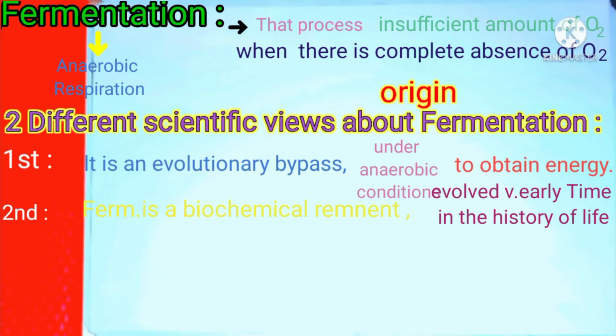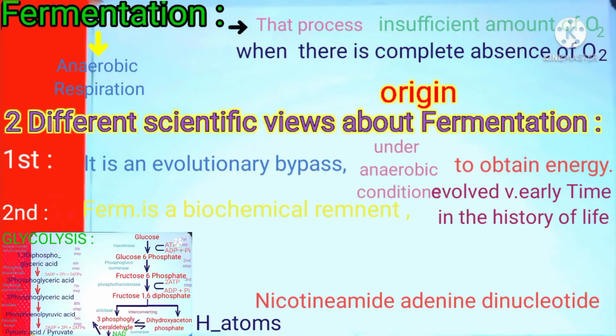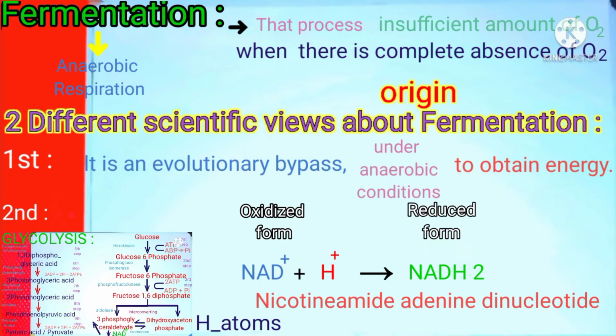As we know, glycolysis produces hydrogen atoms in the form of nicotinamide adenine dinucleotide, also known as the NADH2 molecule, which you can also see from this glycolytic pathway: when the oxidized form of nicotinamide adenine dinucleotide, here at this point, combines with hydrogen ions, it is converted to its reduced form, the NADH2 molecule.